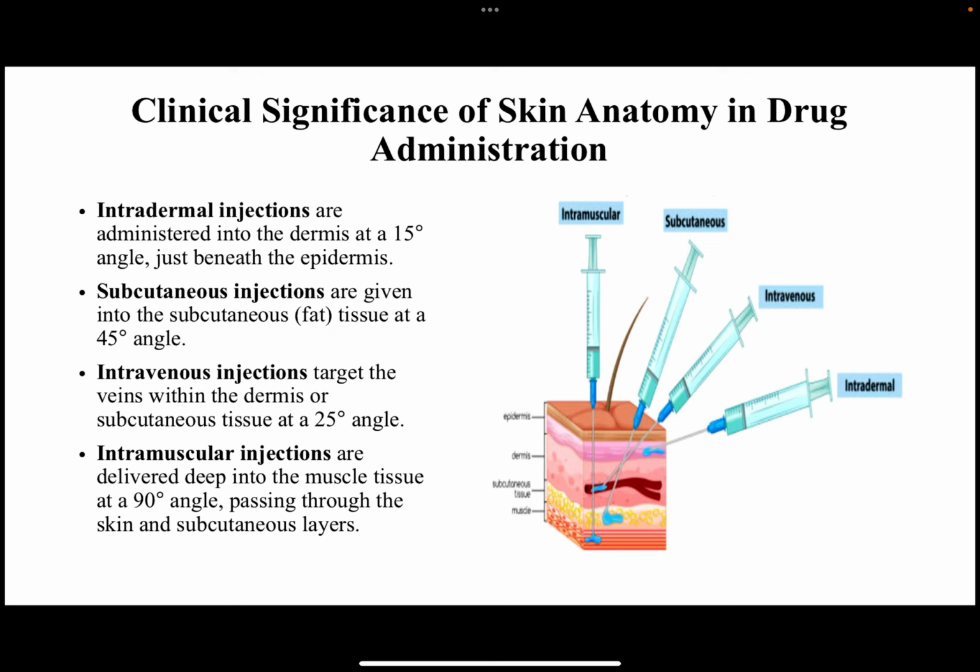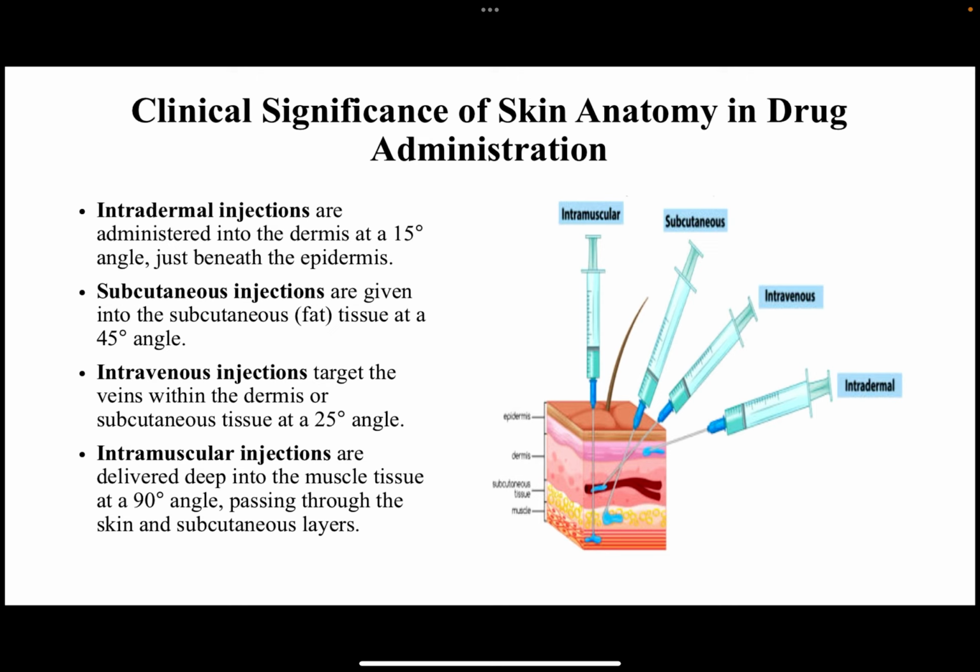So if you are administering a medication intramuscular and the angle that you are giving is 45 degrees, with the nature of the needles that we have, you are not likely to reach the muscle layer. Is that okay? So if you are administering a drug intramuscular, you go straight 90 degrees.